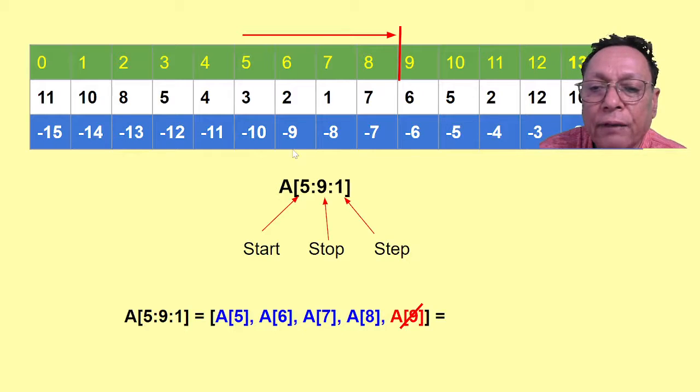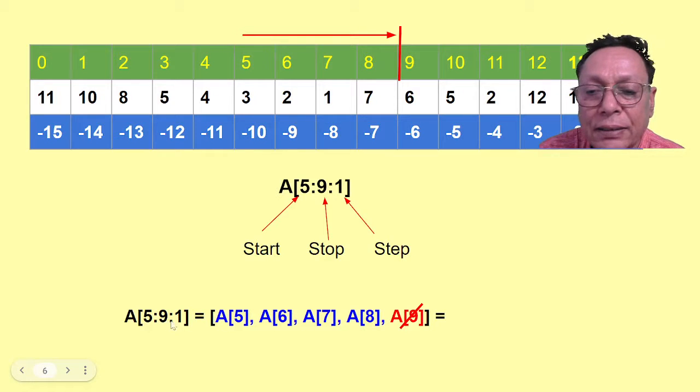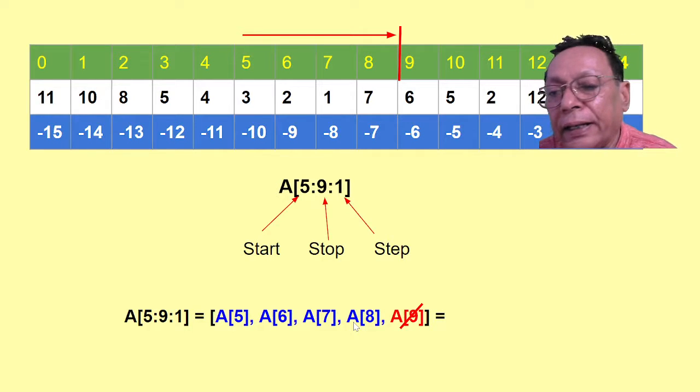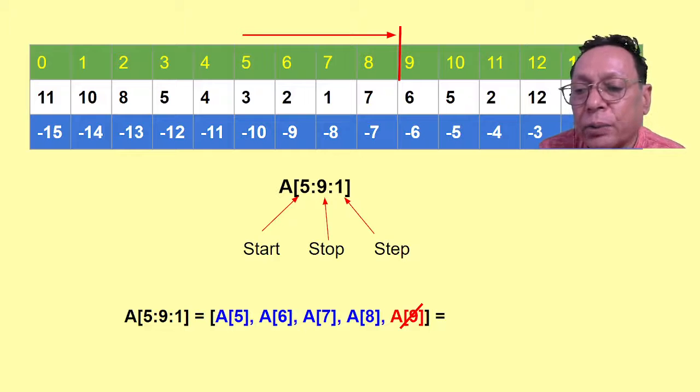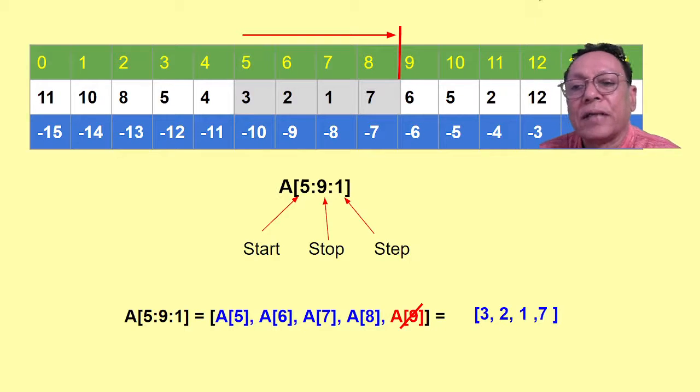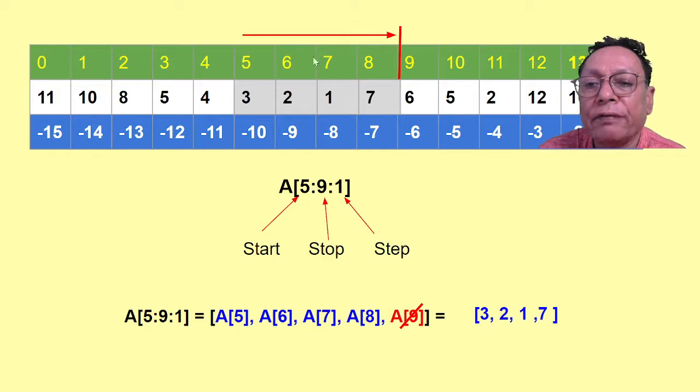So if we apply slicing A[5:9:1], you'll start from index number 5 and go up to an index less than 9. This way you'll get A5, A6, A7, A8, and A9 is excluded, and that is why we get the slice of the elements 3 to 17. So these elements 3 to 17 will be extracted from the list. This is the slice if you apply 5:9:1.